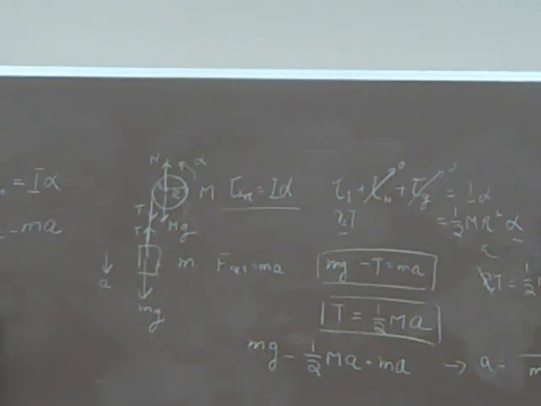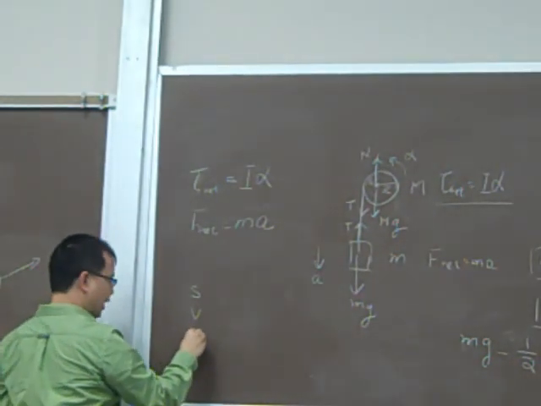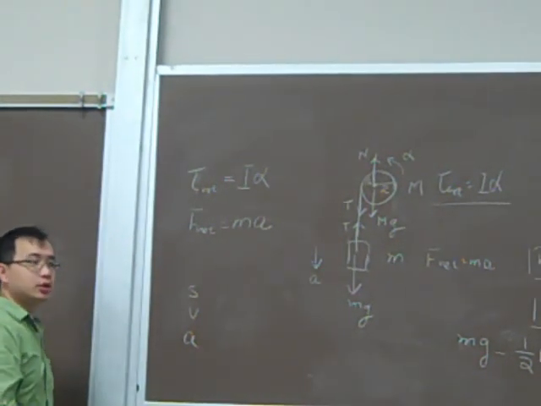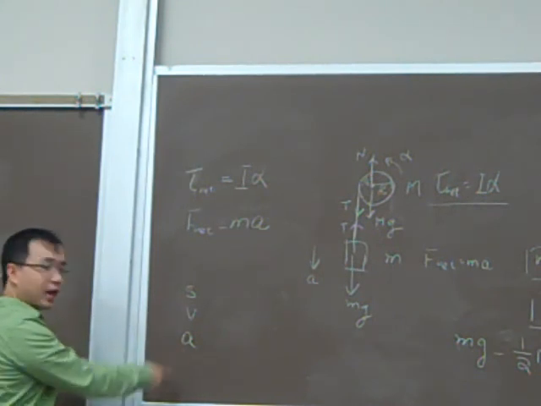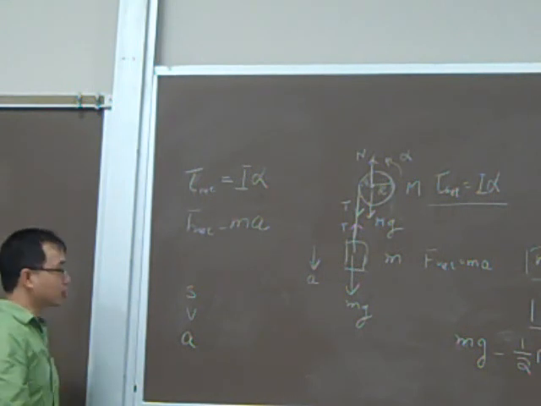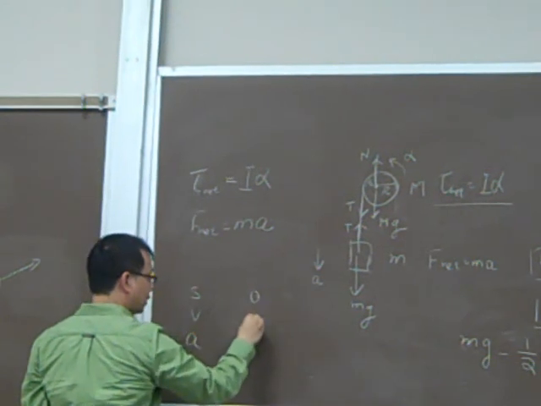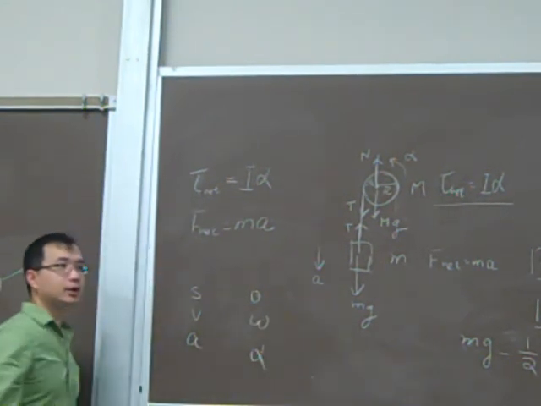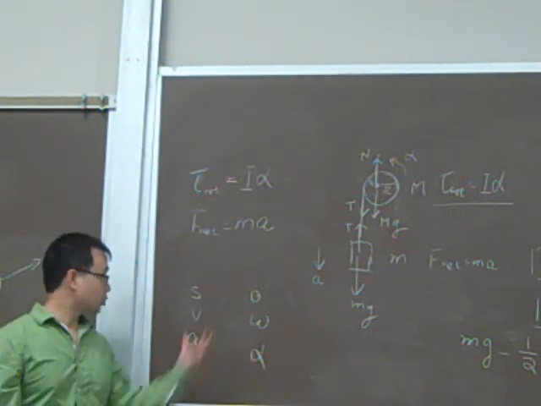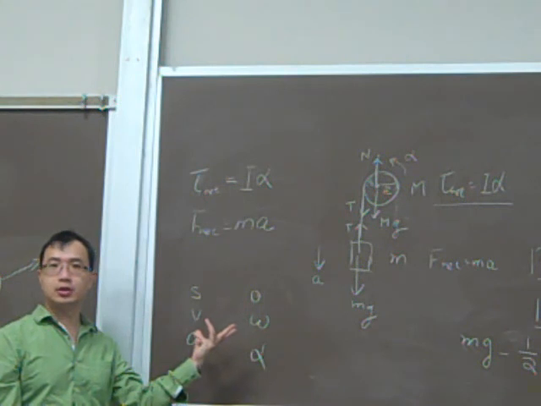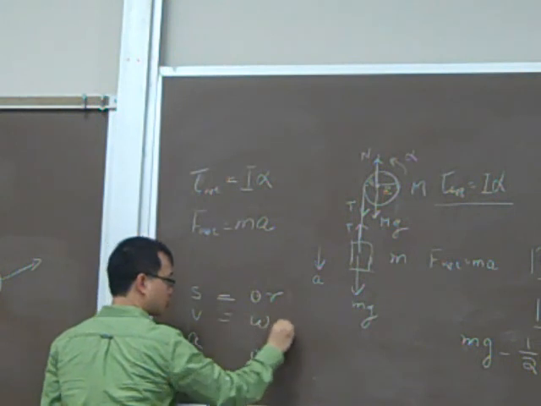So we have linear quantities S, V, and A: arc length covered by the motion, the tangential velocity V, and the tangential acceleration A. And we have theta, omega, and alpha: angular displacement, angular velocity, angular acceleration. There is some relationship between them, right? You have to be familiar with this. This equals this one, this equals this one.